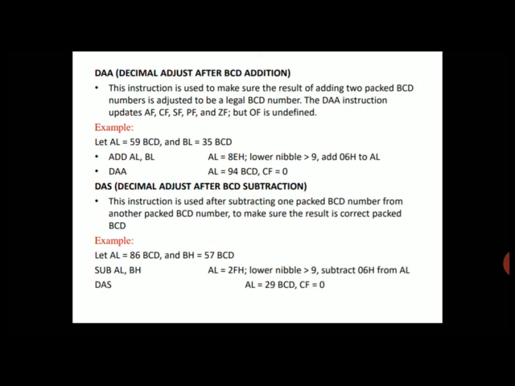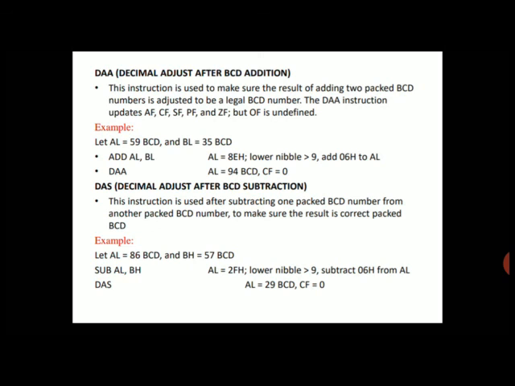So we have to add 6 to the lower nibble of the AL register in order to change it to the BCD number. Suppose I get a value greater than 9 in the higher nibble, I have to add the number 60H so that it is transformed into a BCD number. For this, the instruction is used.